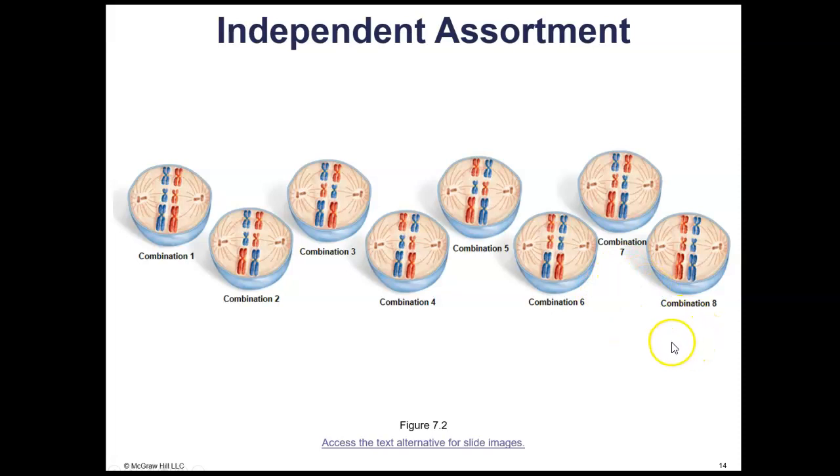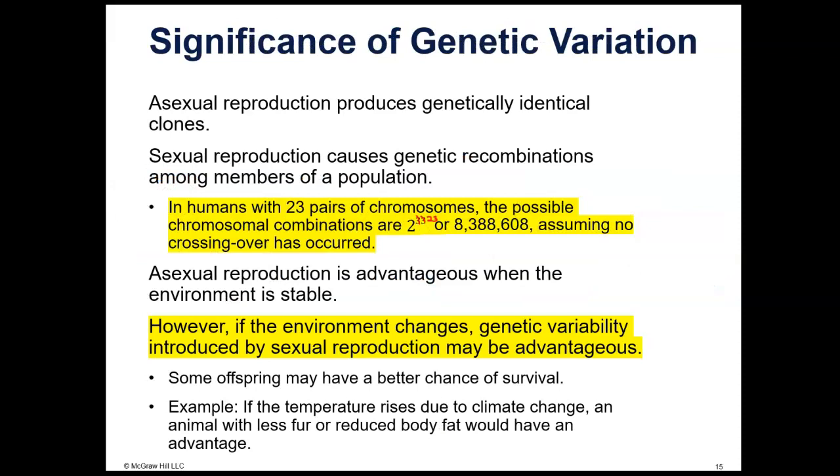So if there's 8 possible combinations due to independent assortment when you only have 3 pairs of chromosomes, imagine how many there would be because you have 23 pairs. So you would do the same math. So what's highlighted here, and I want to be very clear with you because you're going to see a lot of numbers on this slide and the next slide, I want to make sure that you understand what these numbers mean because it can be confusing.